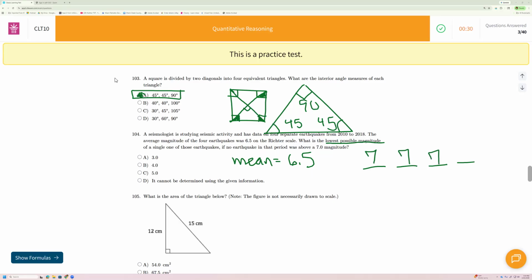That way, this number has to be really low if we want to bring the average down to 6.5. Because if we had 6.5 and 6.5 and 7, then all we need is a 6, and the average will be 6.5, right? When you add these 4 and divide by 4, you're going to get 6.5 as your answer, obviously.